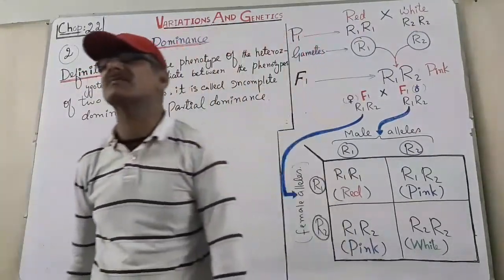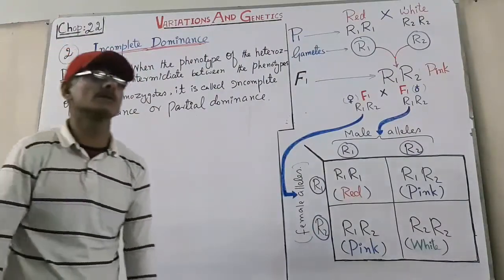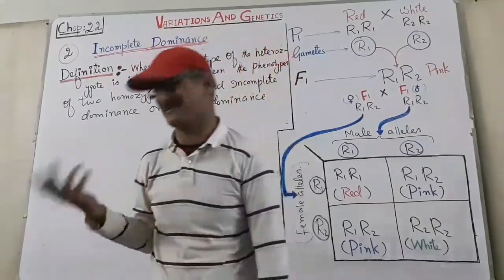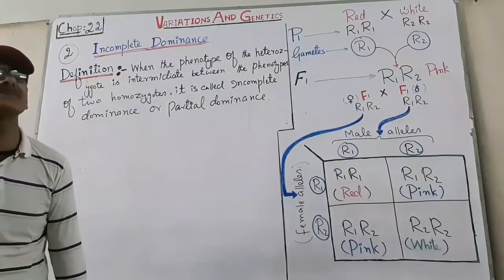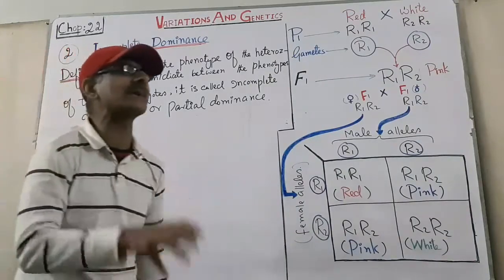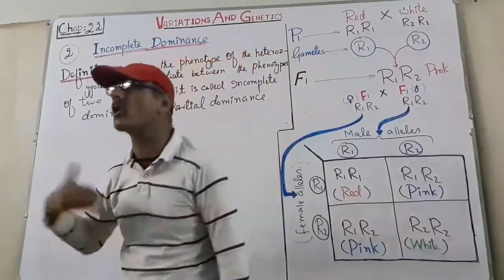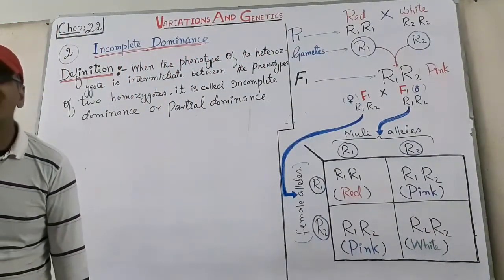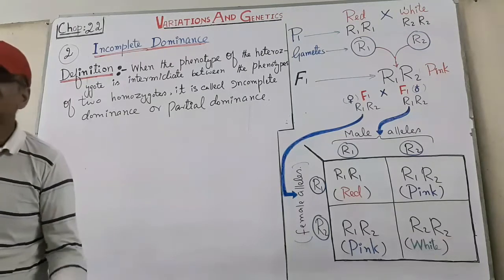But in the case of partial dominance, the letter distinction is different, because in partial dominance there is blending of phenotypes, but there is no blending of genotypes. And so the ratios of the phenotypes and the genotypes are the same.